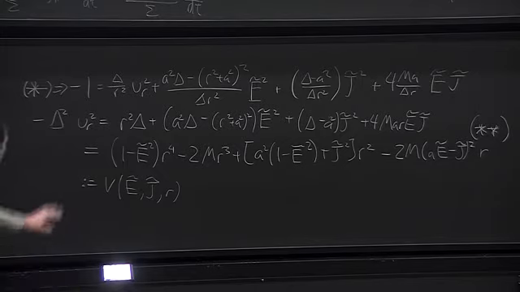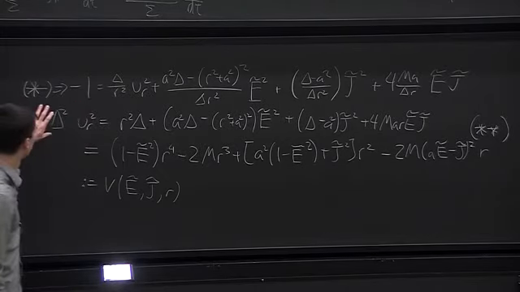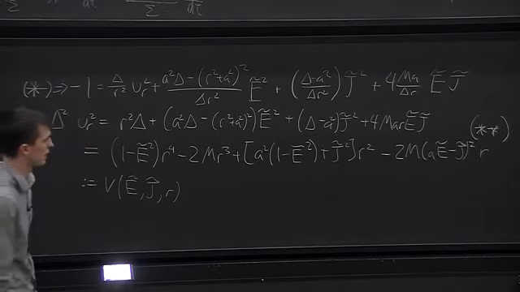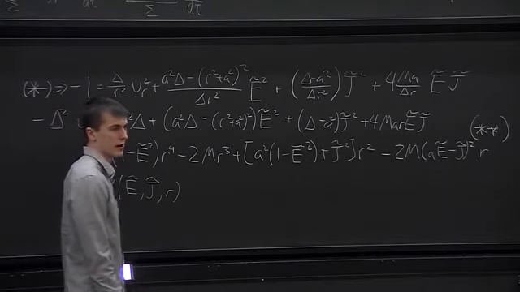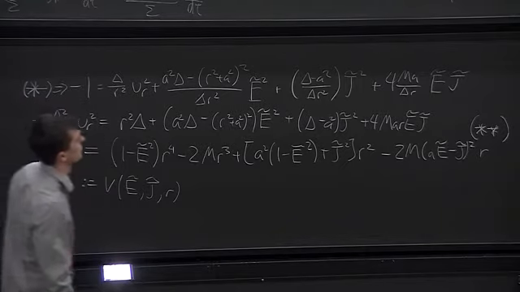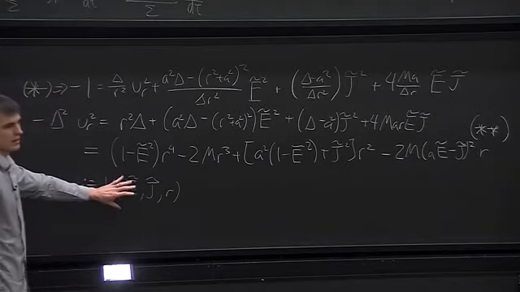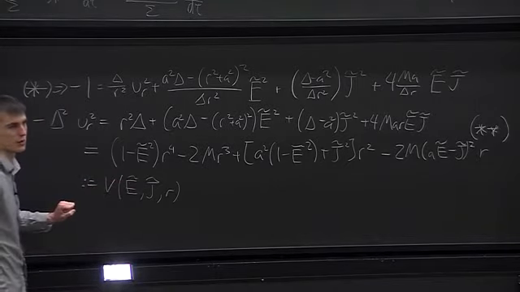So you notice on the right-hand side, we basically have something that's like negative (dr/dtau) squared. And then this term is going to go like r to the fourth. So this is essentially the effective potential for our radial motion.